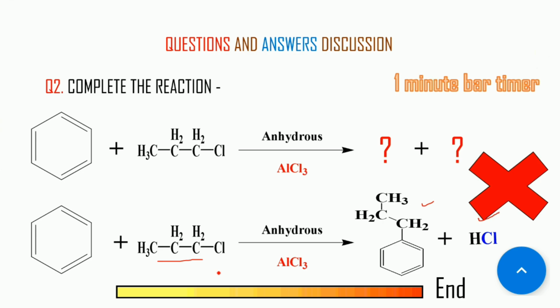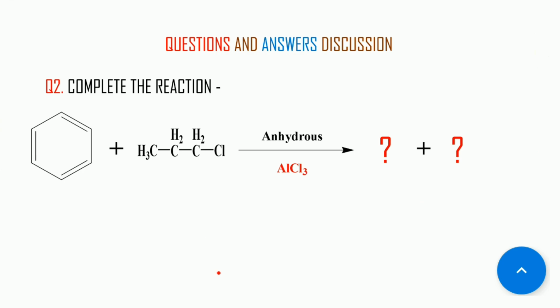Now why? If you see the reactant carefully, here is the position where fusion can take place, because the leaving group is close to this bond. Now here is our electrophile and nucleophile. I think up to this much all of you are right. Now comes the most interesting part.